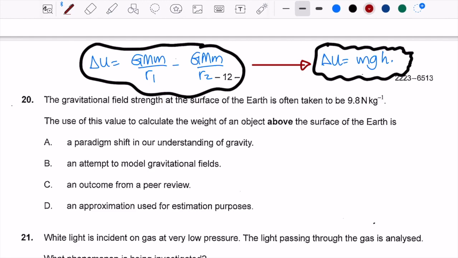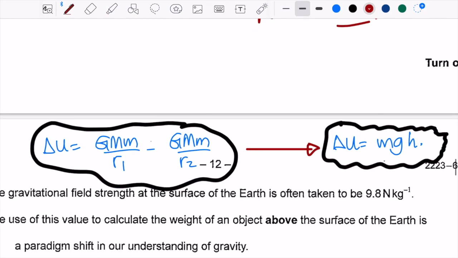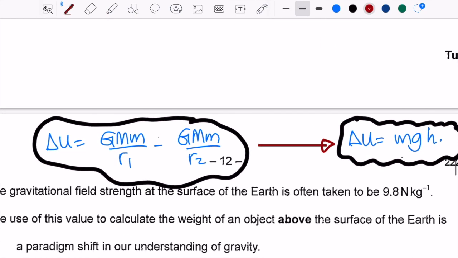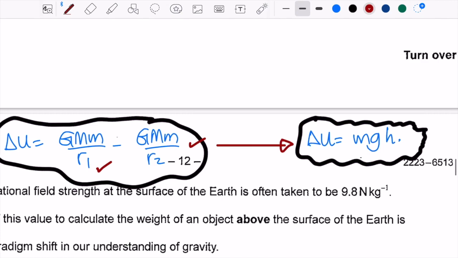Question number 20 is about gravitational potential energy difference. The more accurate equation for gravitational potential energy difference is GMm over r1 minus GMm over r2, assuming you are going from r1 to r2. But we are more familiar with using this, potential energy difference equals mgh.